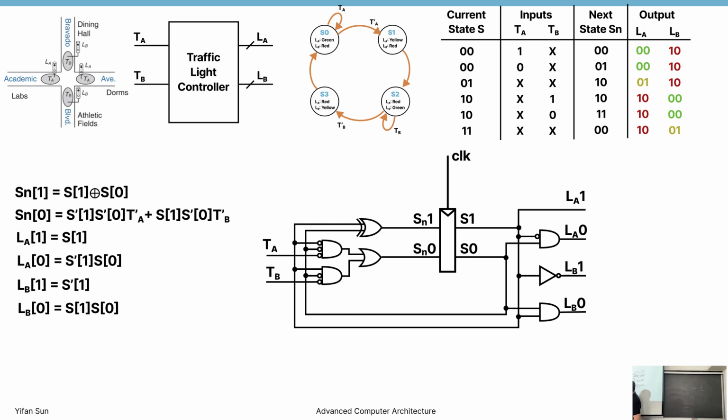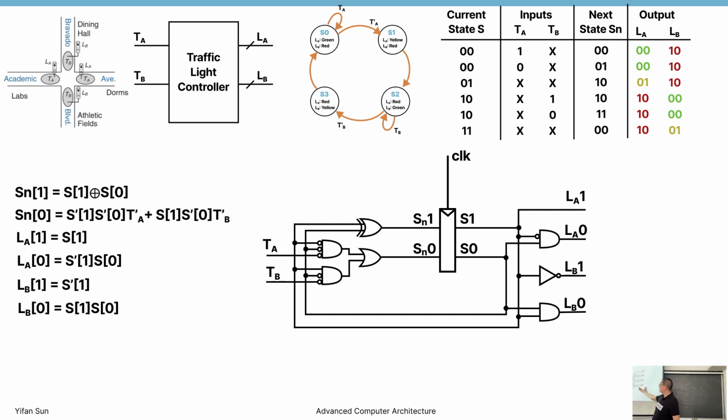So these are the circuits that implement those expressions, right? It will take some time, go back to this place and calculate the next state's value. Only when the rising clock edge arrives will it pass this barrier, and then Sn becomes S. Right? Then we start to calculate the next round.